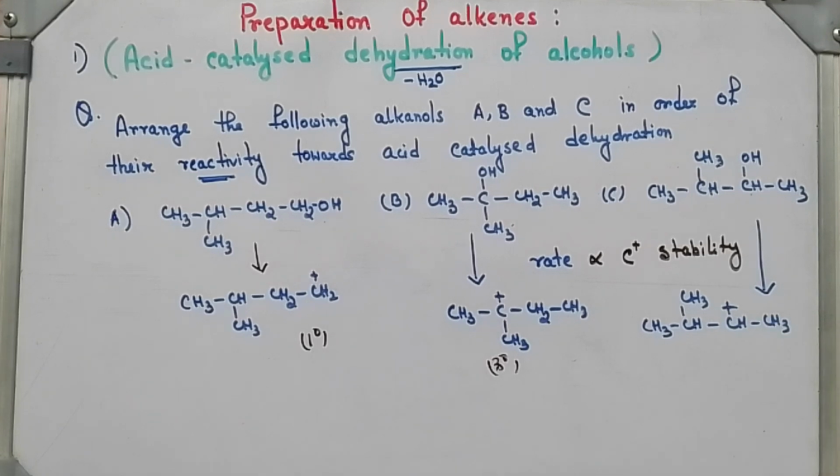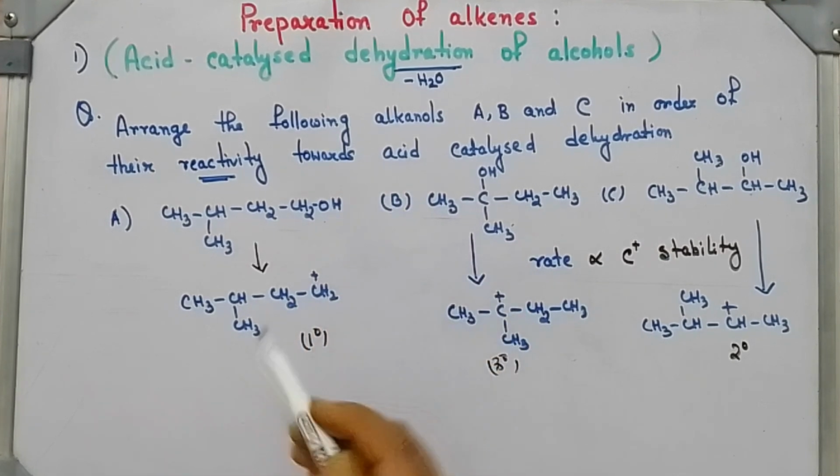So this carbocation is secondary because this carbon is attached with 2 more carbons. Now you have to consider the carbocation which is generated first after removal of H2O plus. Don't consider the carbocation which is formed after rearrangement, because there is a chance of rearrangement. So don't consider that one. Only the first carbocation you get, consider that one.